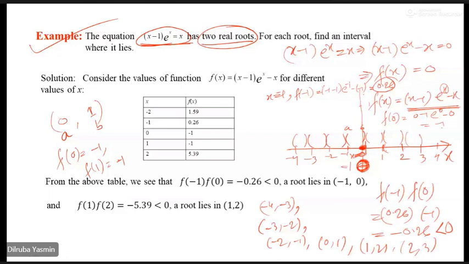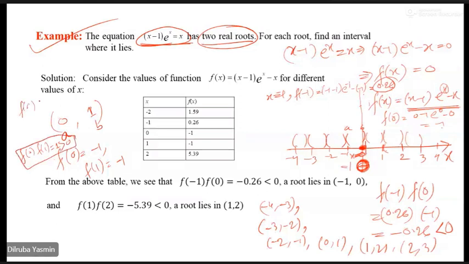Just do a simple multiplication between them. You get f of 0 times f of 1, which is equal to plus 1. That should not be less than 0, isn't it? So this condition doesn't satisfy.